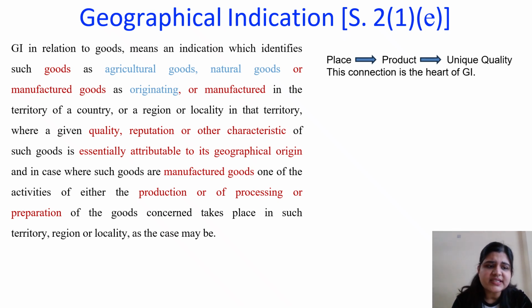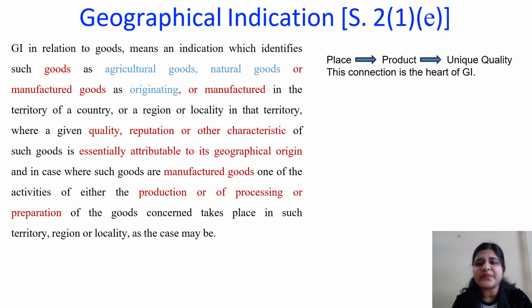It tells us that GI means an indication that identifies goods as agricultural, natural or manufactured goods or foodstuffs originating from a country, region or locality whose quality, reputation or other characteristics is essentially linked to its geographical origin. We have already discussed this. Wherever the product is originating from, it has to have some qualities of the place of its origin.